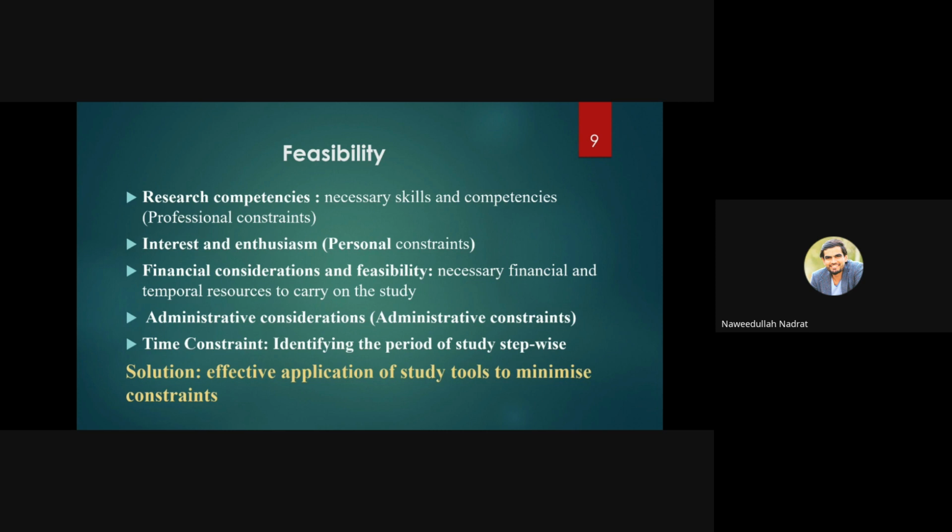This is basically not in favor of your research competencies. Why? Because those programs are basically based on a very systematic development of themes and sub themes, and over a very long period of time these programs have been planned like that.